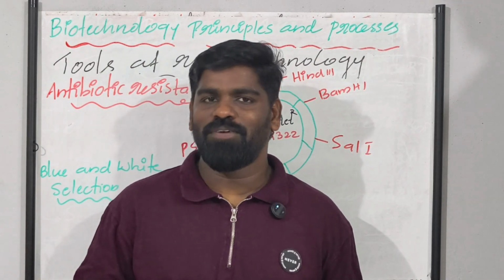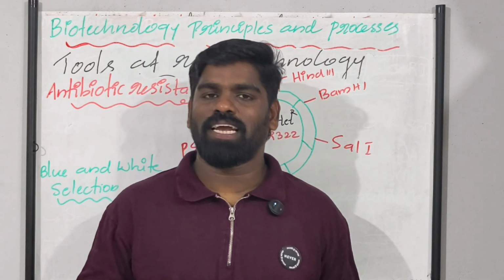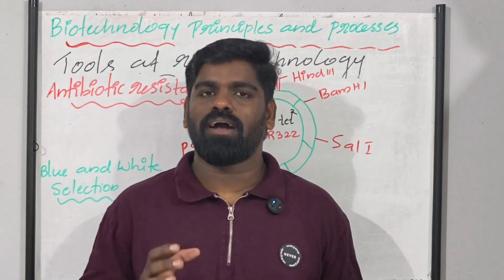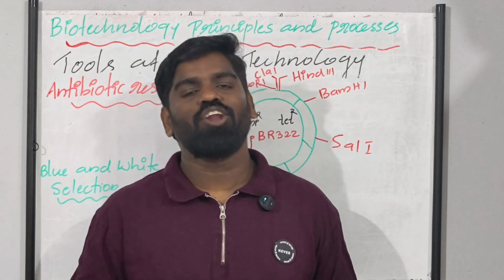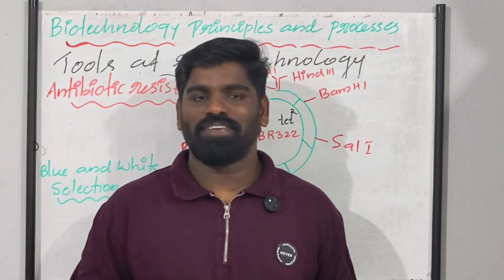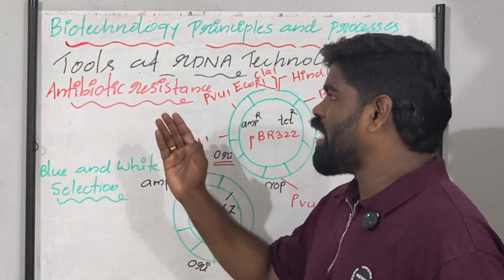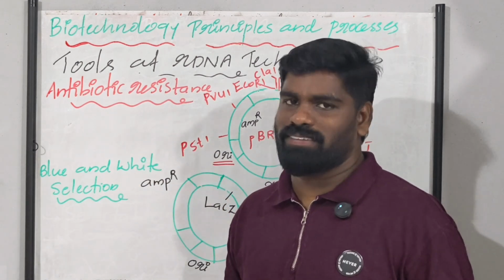Now we are going to discuss the selection process. As I have already told you, in pBR322 we are using selectable markers. So by using a selectable marker, how are we separating the recombinant and the non-recombinant? That we are going to discuss. The first topic is selection by antibiotic resistance.